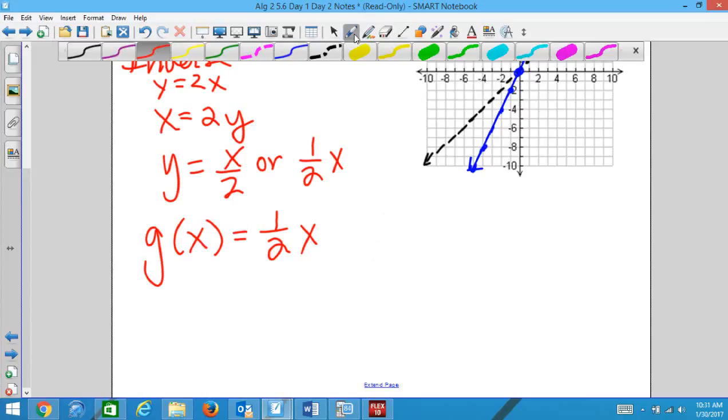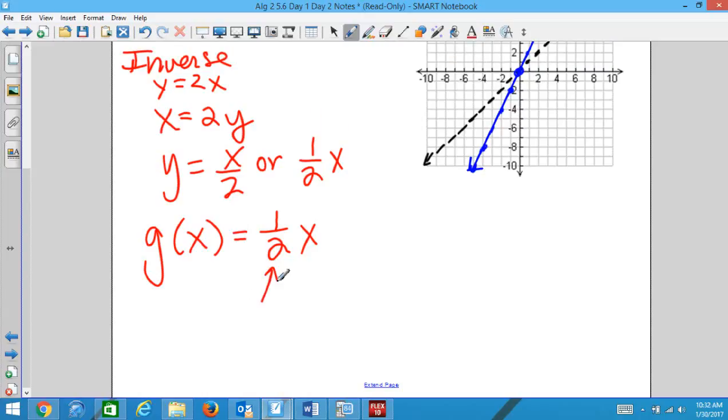When you graph the inverse, you can either take the original and switch the x and y, or you can use m and b from the inverse function, and that's totally up to you. This one I'm going to graph using m and b, because it looks pretty easy. My m is a half, and my b is 0. So I start at 0, and I go up 1 over 2.